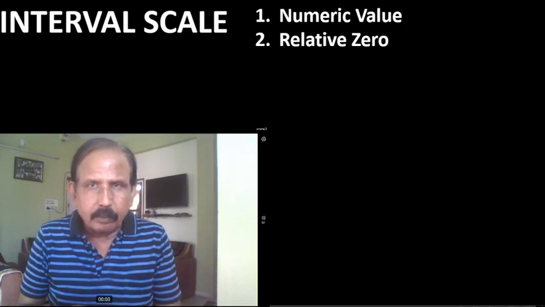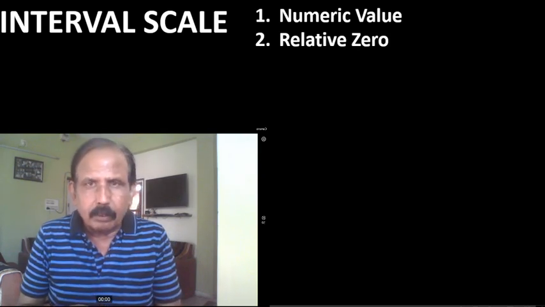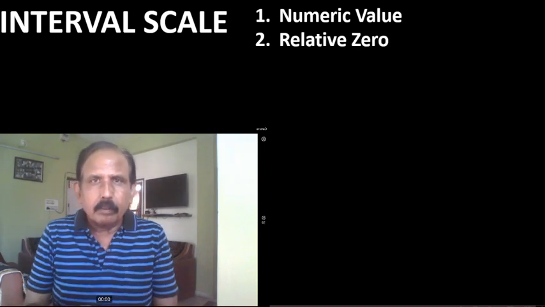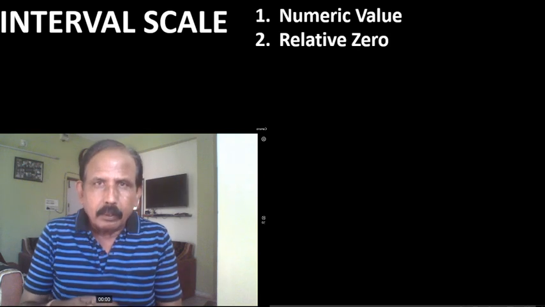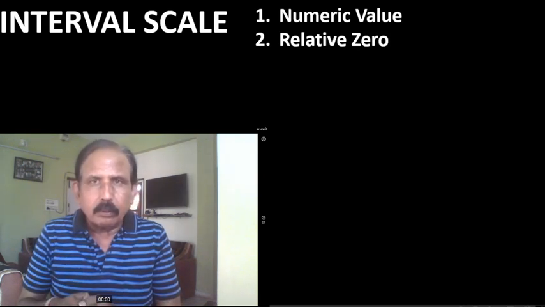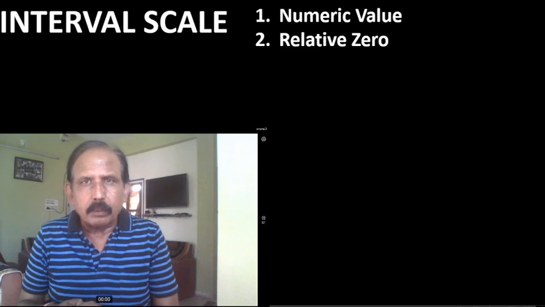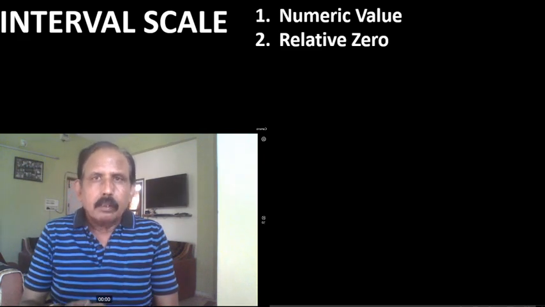If another examiner was there, then he would have got more than 0 marks. So here 0 depends upon the situation, 0 depends upon the tool of measurement, 0 depends upon the mood of the subject, 0 depends upon the evaluator.